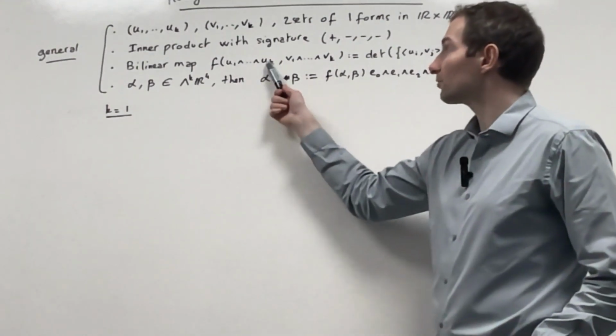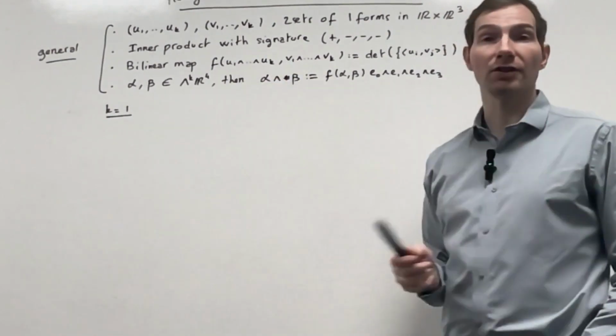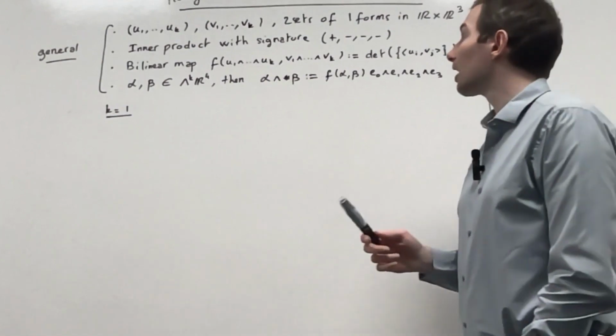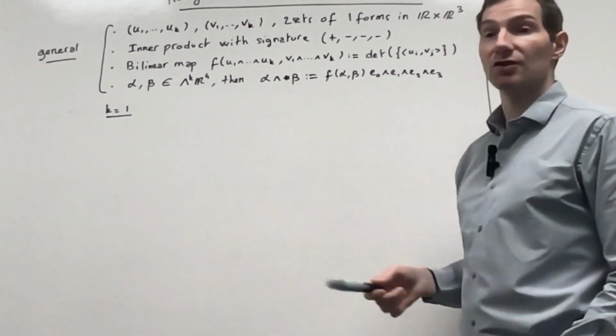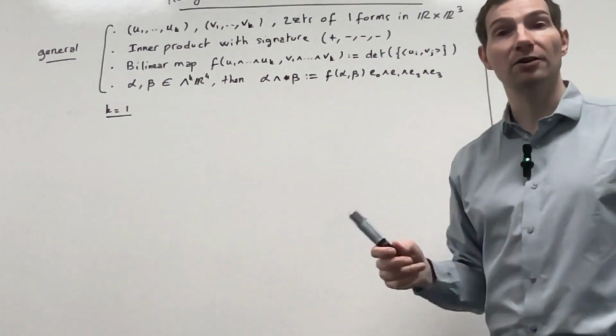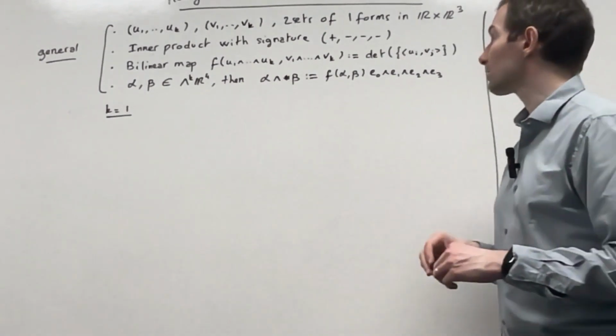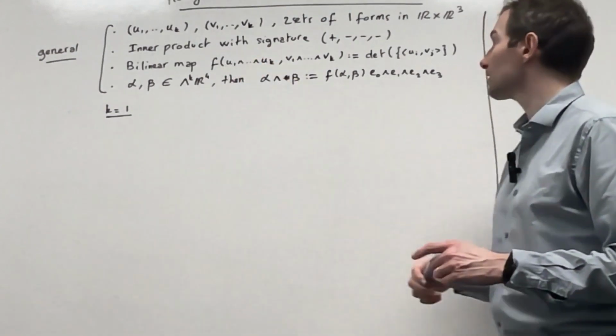It takes a K form in the first slot, which is made of a product of one forms. And in the second slot, it takes a second K form that is also made of a product of one forms, which corresponds to these two sets.